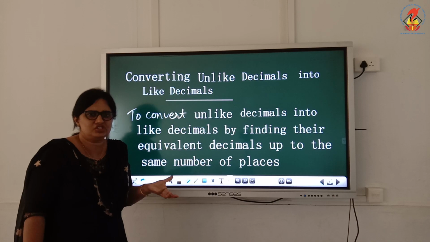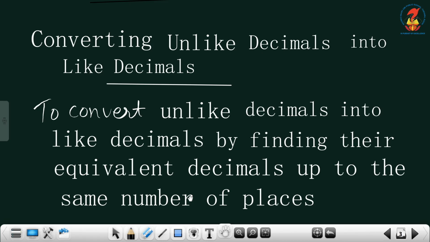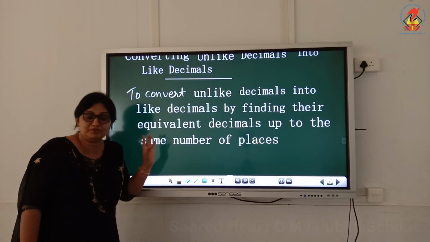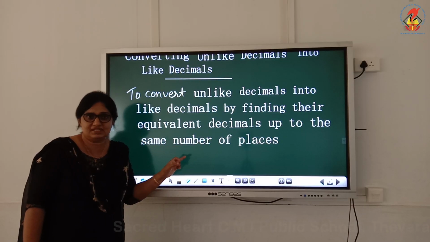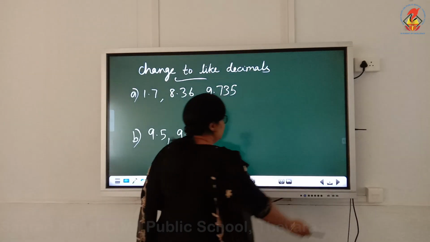How can we convert, children? You just listen here. That is to convert unlike decimals into like decimals by finding the equivalent decimals up to the same number of decimal places. That I will show you. That is very easy. I will teach you how to do this.